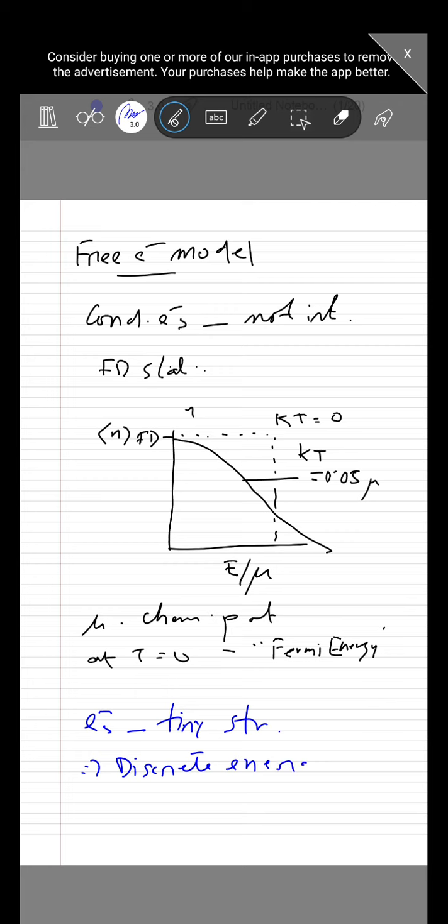I guess you know what an eigenstate is if you have a little bit of knowledge of quantum mechanics.